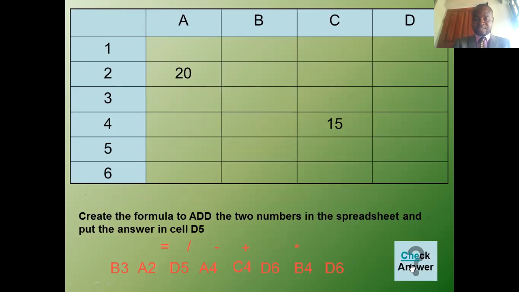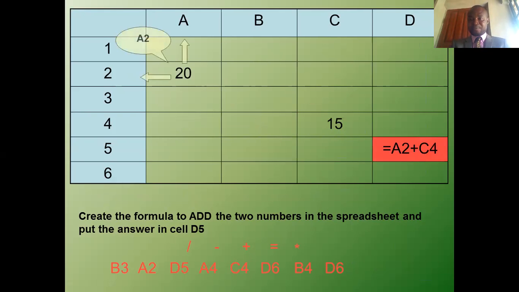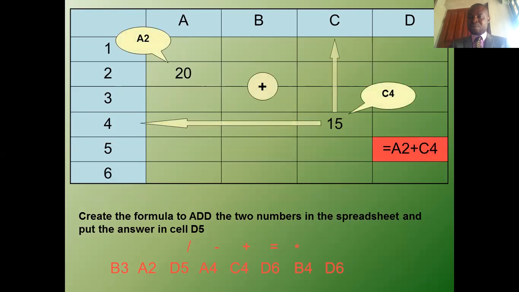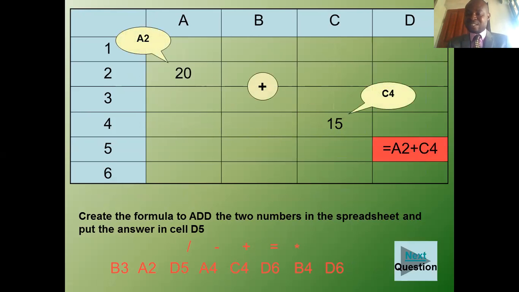The next one, create a formula to add the two numbers in the spreadsheet and put the answer in cell G4. Here we have the numbers at different cell locations, but our result is expected to be in cell G4. So once again, you should have this formula. Equal sign, referencing cell A2, the addition symbol, and of course referencing cell C3.